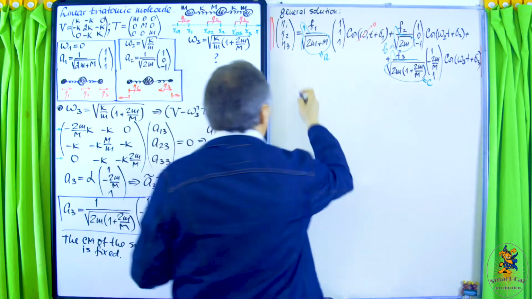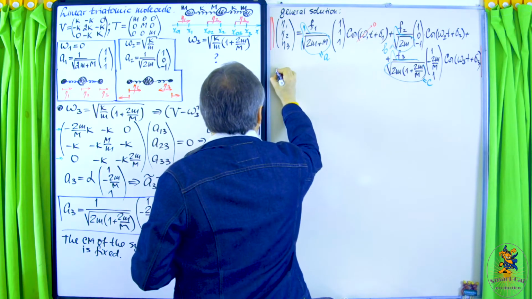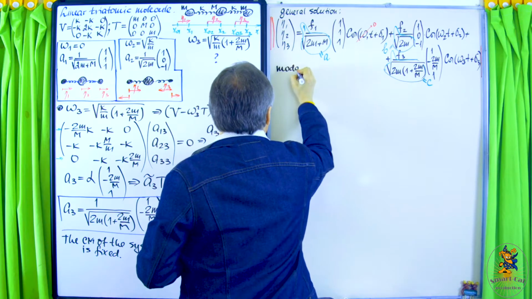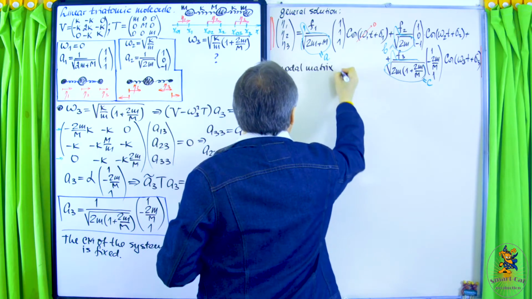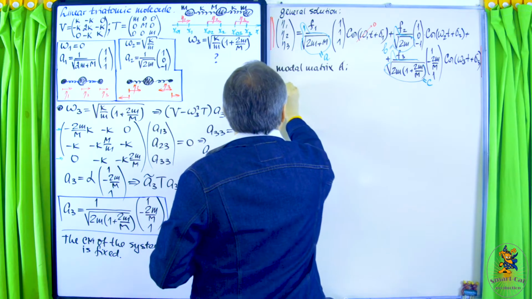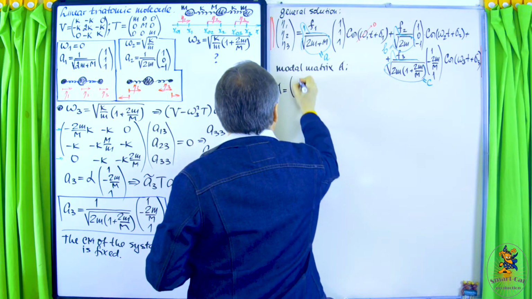I can construct the modal matrix. So now modal matrix, matrix A. And you remember how A is constructed.